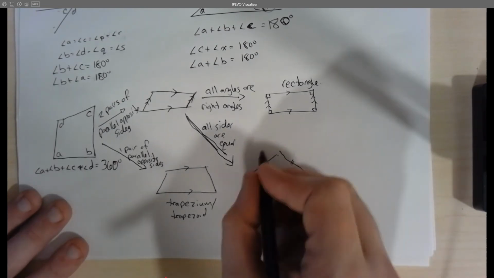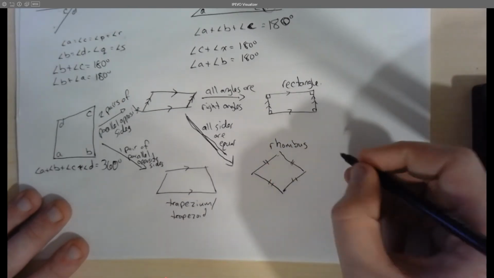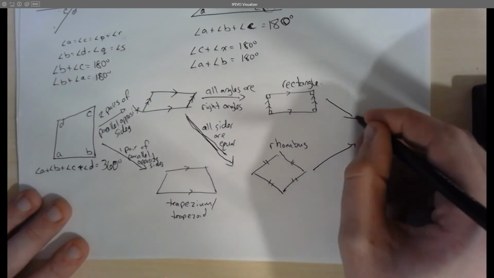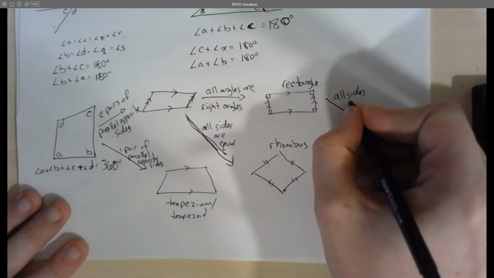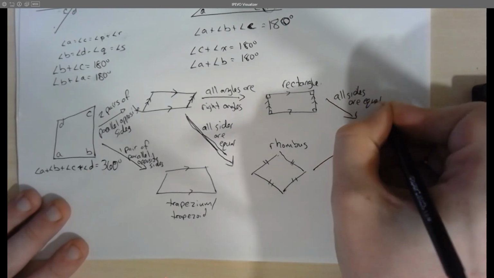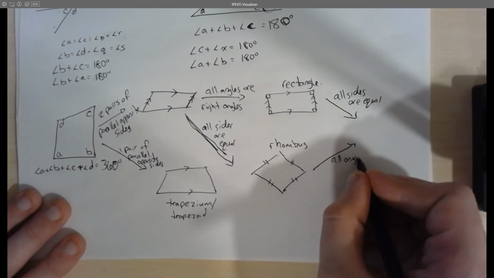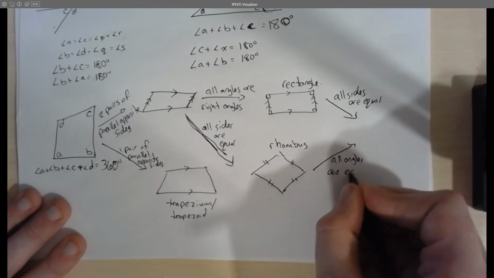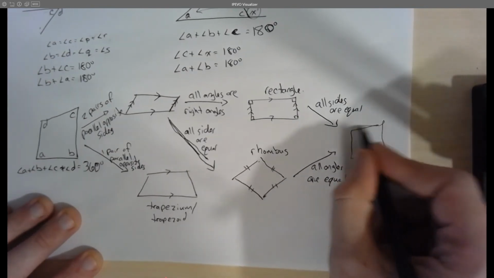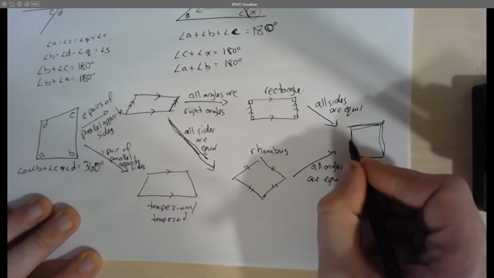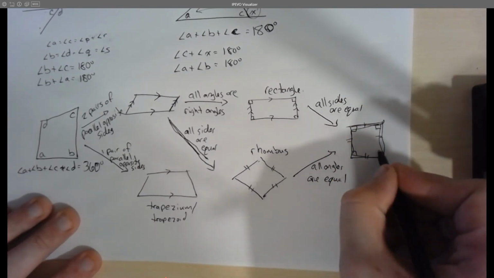Then I have what we call a rhombus. And special case scenario, if all sides are equal and all angles are equal, then I have a special shape, a square.